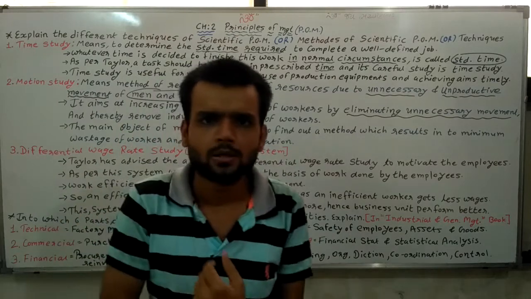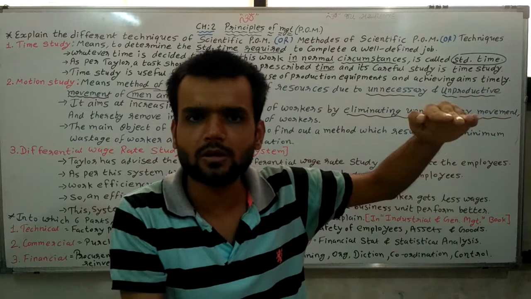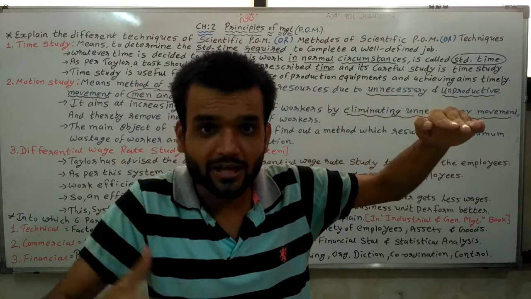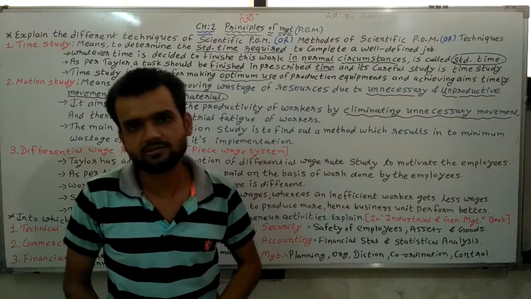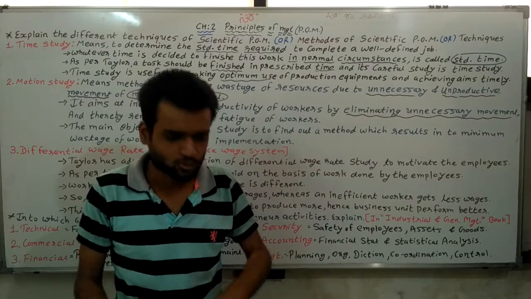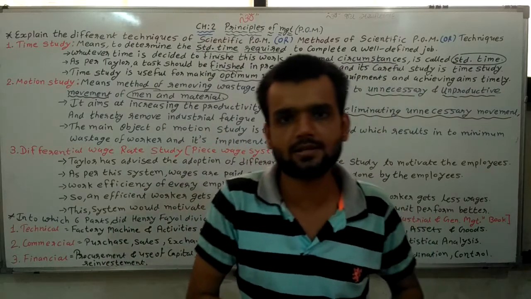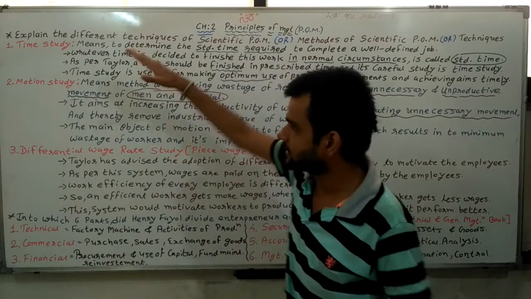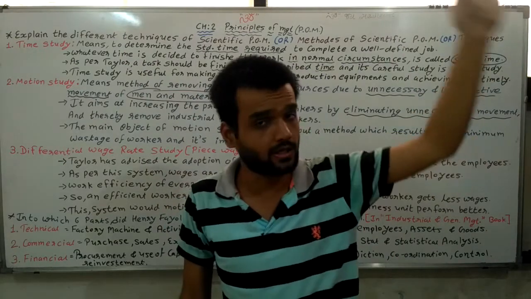Simple. Because whenever an efficient worker is given more wages, other workers are motivated and try to do more work, and ultimately the benefit is to the business unit. Simple. So time study, motion study, and differential wage rate study. After doing these studies, the scientific principles of management of Frederick Taylor are applicable.